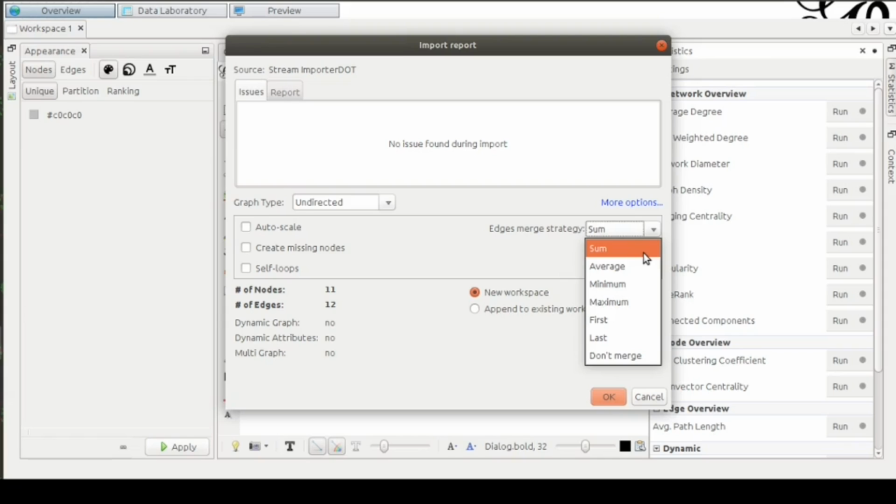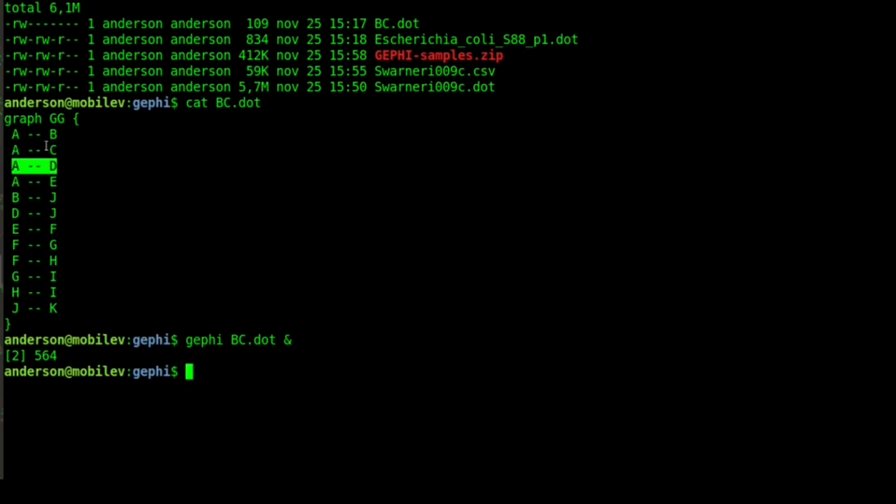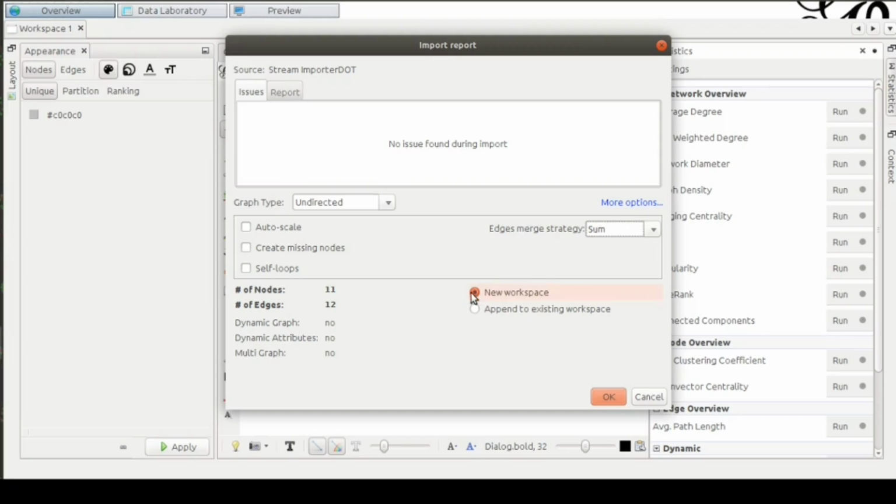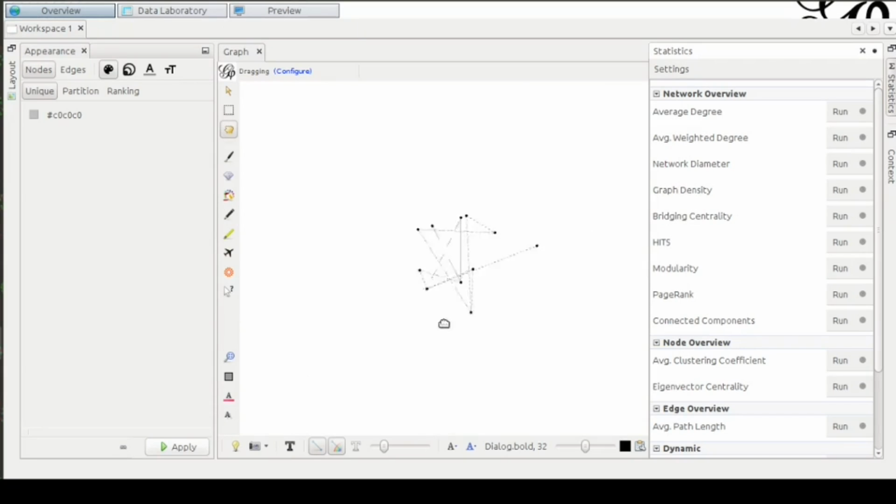Let's say that those relationships I showed you a few seconds ago had weights. If it was the case, we could command the GEPHI tool to sum those weights in case we find two or more relationships between A and B, for instance. This small toy that I will open here does not have weights associated with the edges, so such a configuration is not essential. Let's open the new workspace.